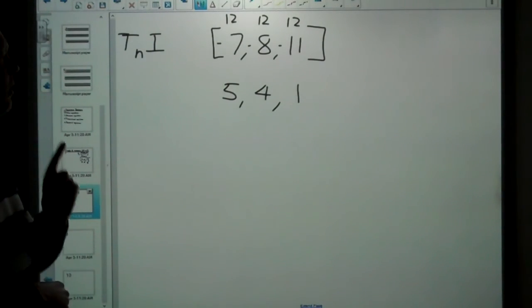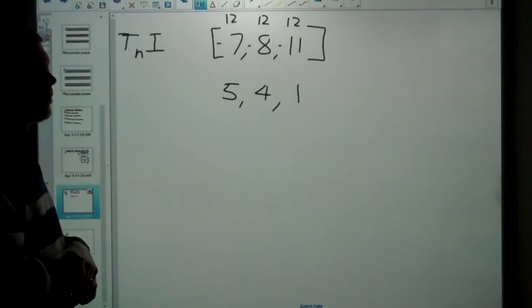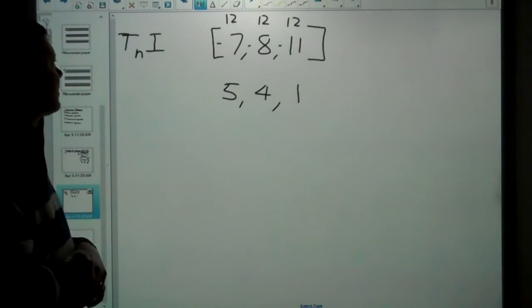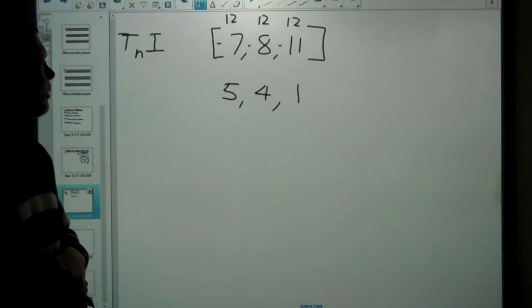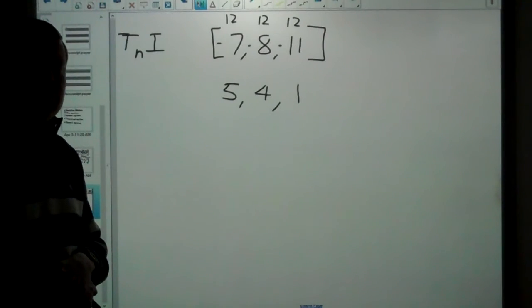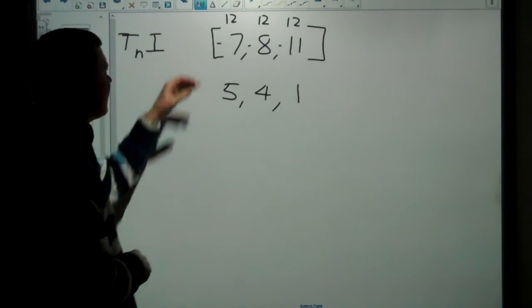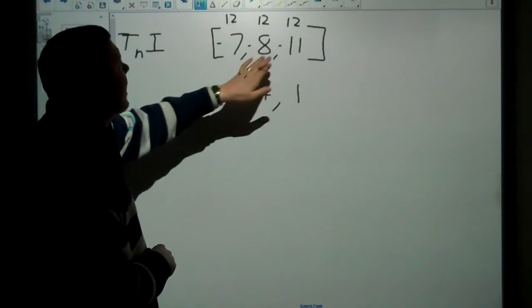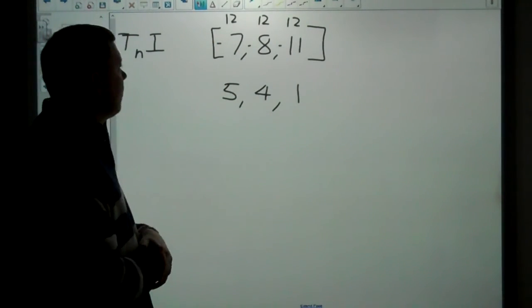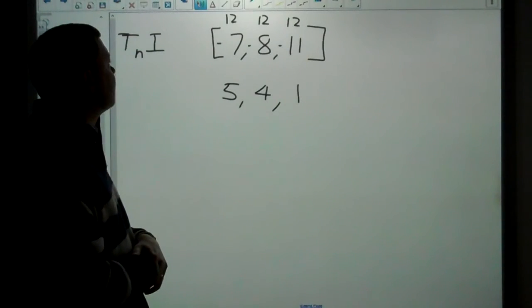Now, one monkey wrench that gets thrown in when you deal with inverting pitch class sets: whenever you invert a pitch class set, it throws your pitch class set out of normal order. For instance, I know that 7, 8, 11 is in normal order. We have calculated that in previous lectures.